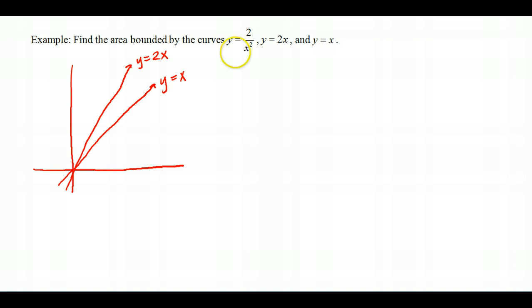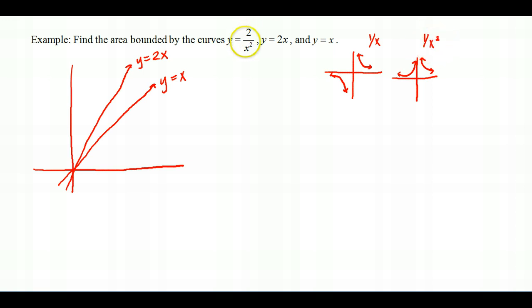And now it comes down to what does y equals 2 over x squared look like? So just a couple of reminders here. 1 over x looks like the reciprocal function. 1 over x squared, well, the first quadrant looks just like 1 over x, but in the second quadrant, I have another function that's going to be positive, or the other part of the function is positive. So this is 1 over x squared.